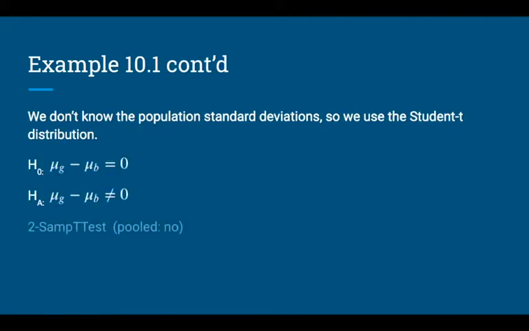But what you should get, and by the way, when you do 2-sample t-test, one of the things it asks you at the very bottom is pooled, no or yes. And we are always going to say no. This question has to do with, is the standard error pooled? What that means is, are we combining the 2 standard deviations together, or are we going to treat them as possibly different?